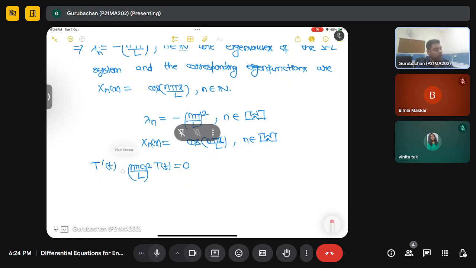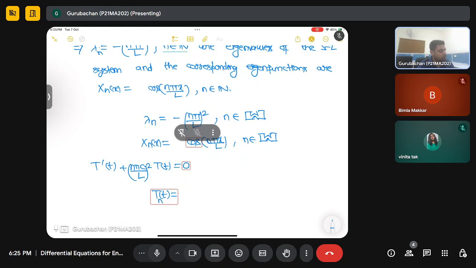So from here you will get your T(t) as, in fact it is depending on n, so T_n(t). It's a simple linear first order ODE, so you can directly solve by separation of variables.